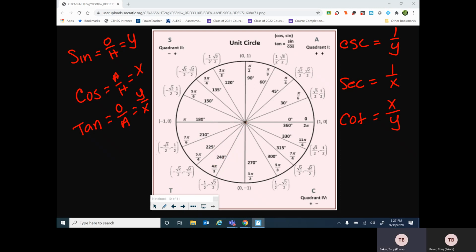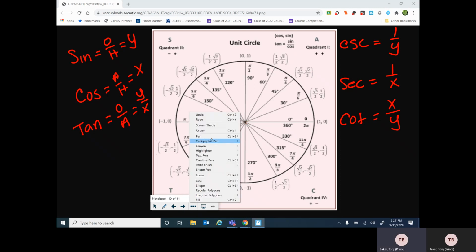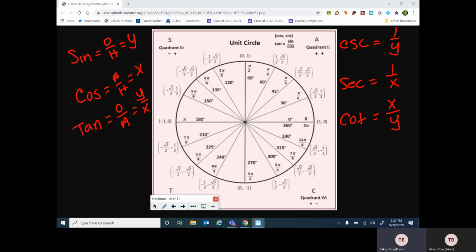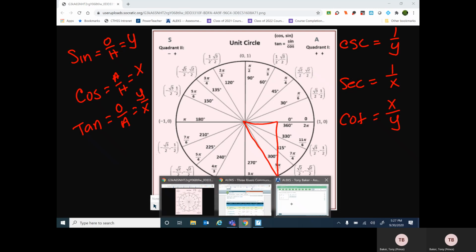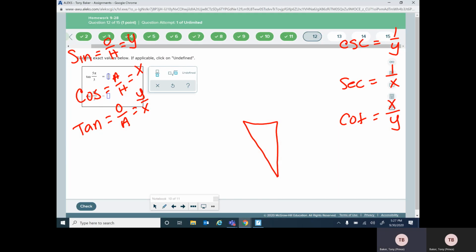So we're looking at 5 pi over 3. So we're looking at this value right here. And we want tangent and cosecant.